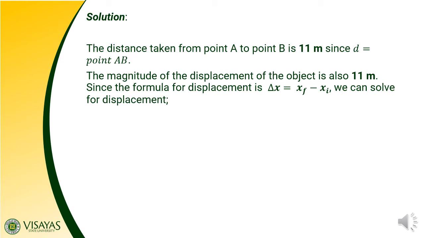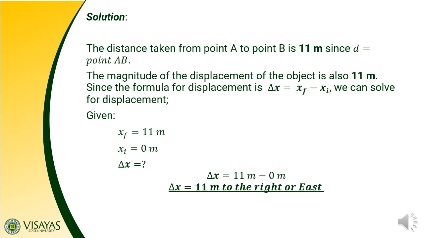So xf is the final position and xi is the initial position. So we can solve for displacement with the given xf equal to 11 meters, which is the final position, and xi is 0 meters, which is the initial position.